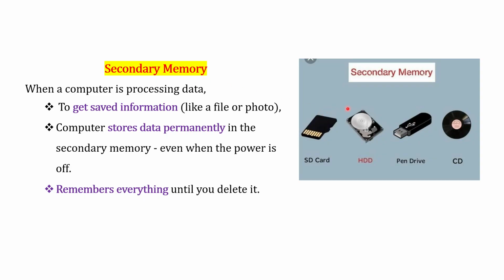Some examples of secondary memory are the SD card, HDD, which means hard disk drive, pen drive, and CD. These are used to store large amounts of data permanently. So we can store files, photos, pictures, and videos in this secondary memory.